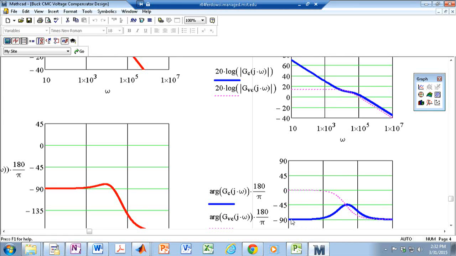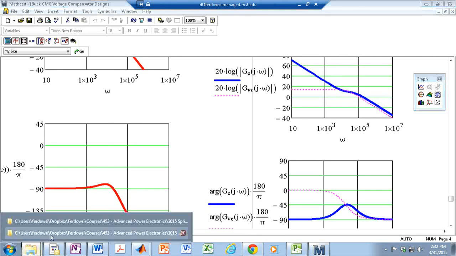And I'm also getting a phase boost of like 45 degrees or something like that. All right, so you can see that because the simplified model only has one pole in it, it's this first order behavior. Designing the compensation network is easier. And then we can look at the simulation results in MATLAB.